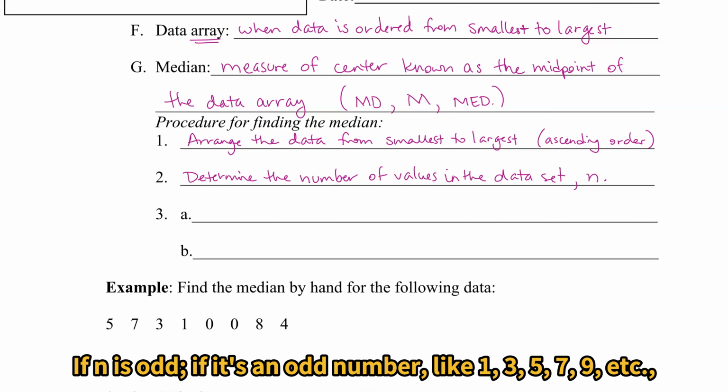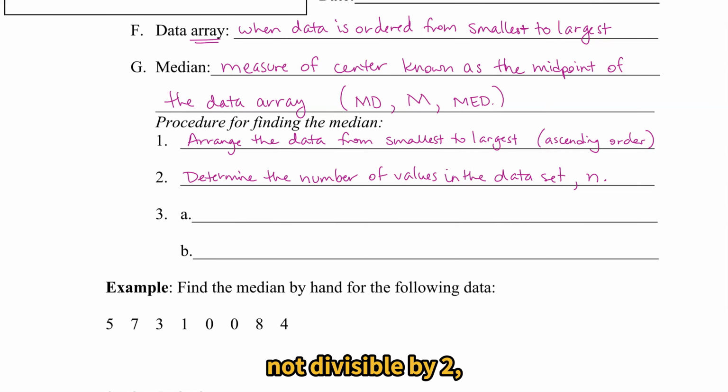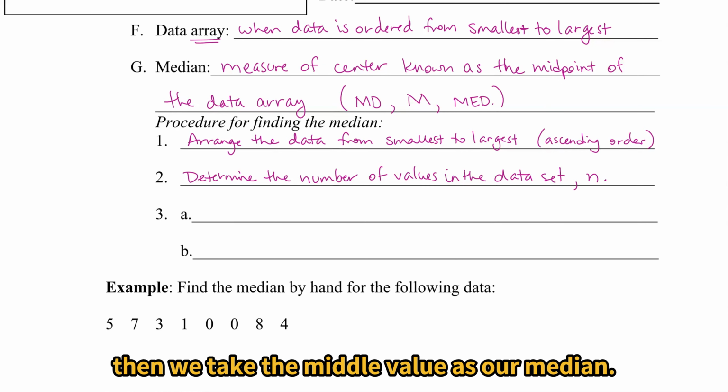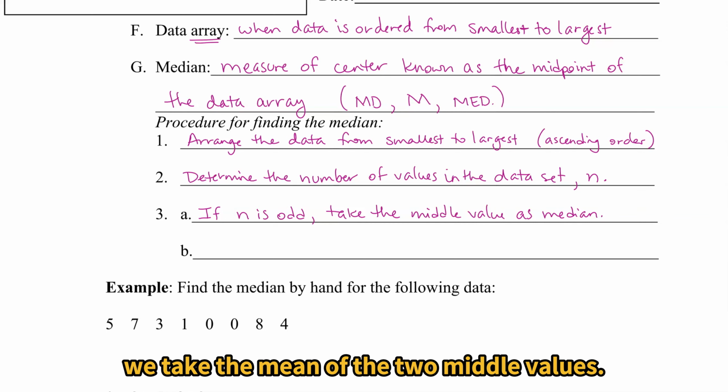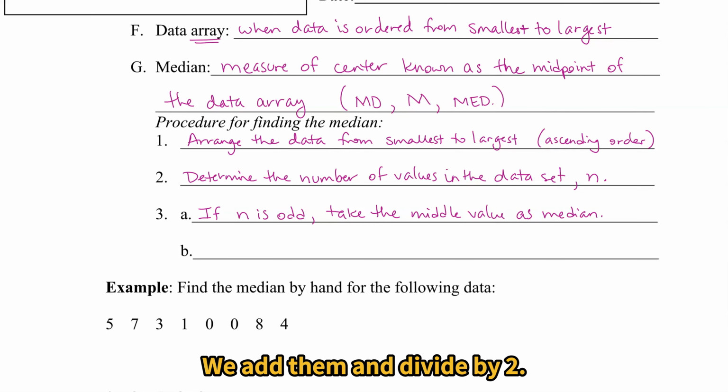If n is odd, like 1, 3, 5, 7, 9, etc., not divisible by 2, then we take the middle value as our median. But if n is even, then we take the mean of the two middle values. We add them and divide by 2.